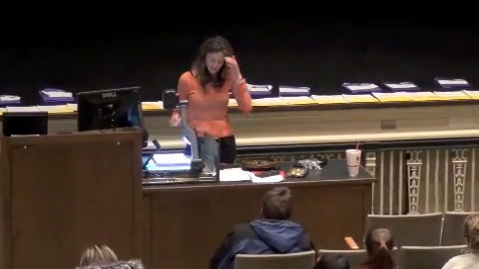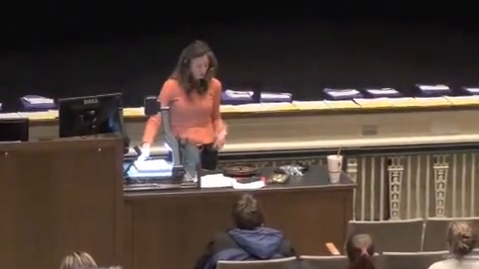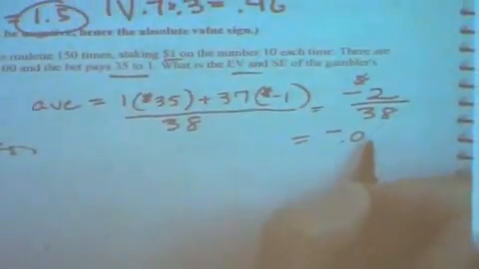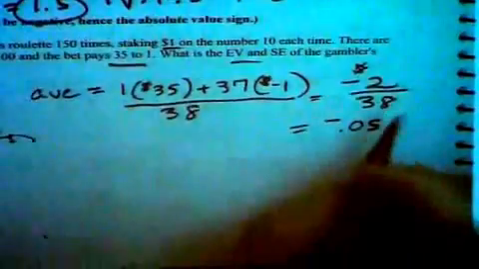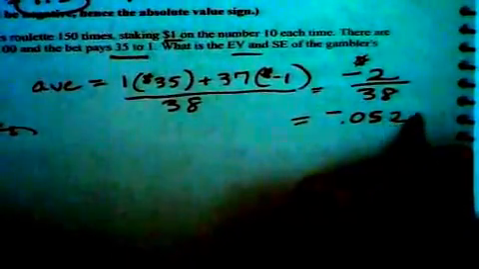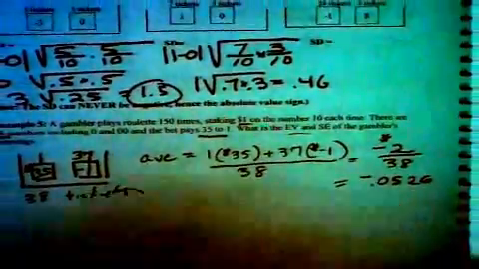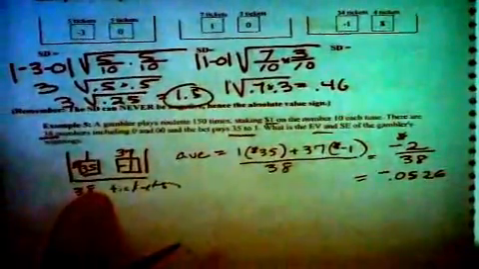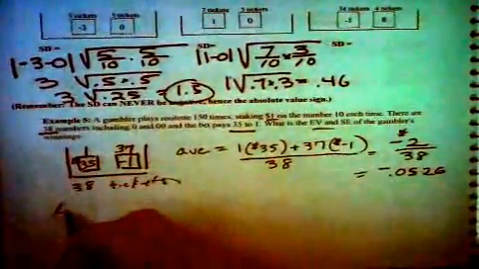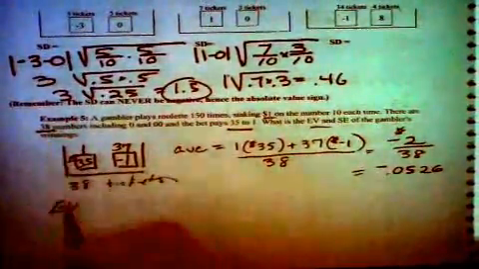Okay, now, so this is about negative a nickel. I'm not going to do it on my calculator because I know it. If you want to do it more exactly, we can do it to 4 decimal places. That's the average of the box. So it says, what's the expected value if you play it 150 times?